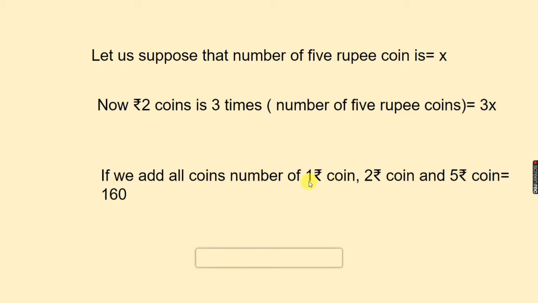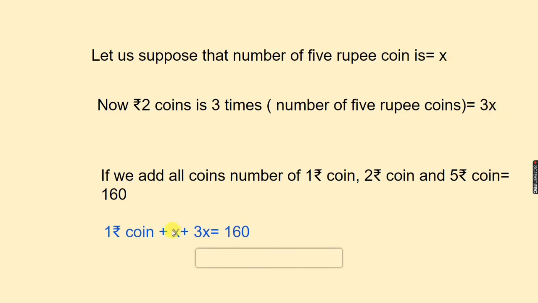Now if we add all the coins, rupee 1 coins, rupee 2 coins and 5 rupee coins, their total number is 160. It's given to us. The number of 2 rupee coins is 3x, and the number of 5 rupee coins is x.